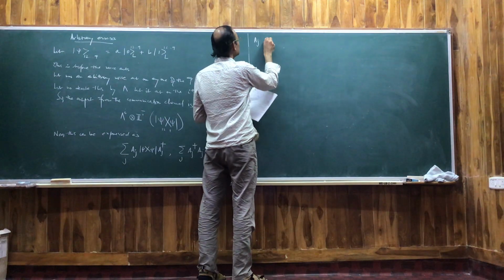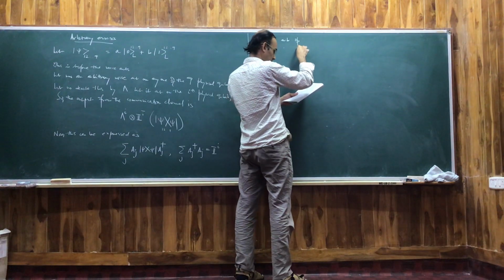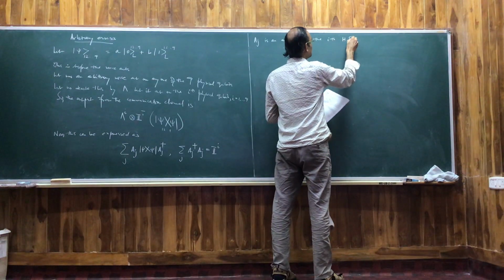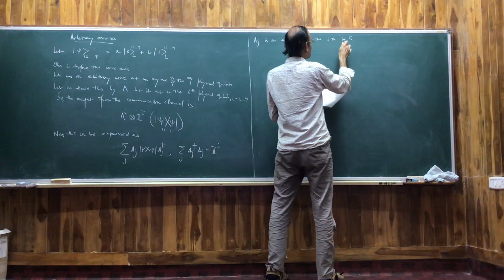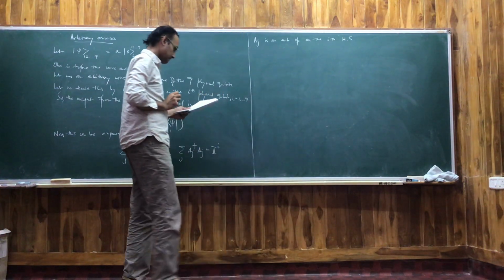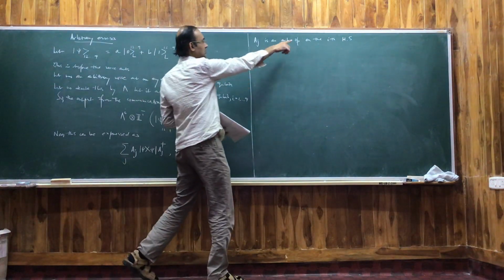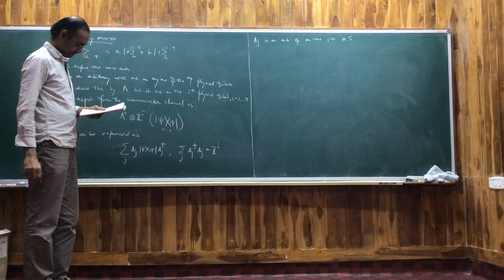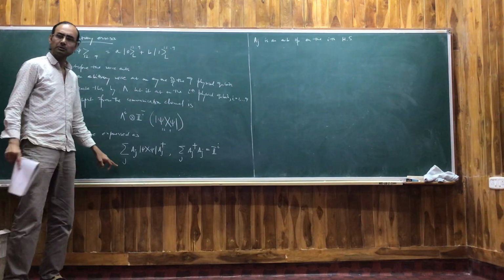A_j is an arbitrary operator on the ith Hilbert space. It's a two-dimensional complex Hilbert space. And this identity is the identity operator on that Hilbert space. Everybody remembers this decomposition?